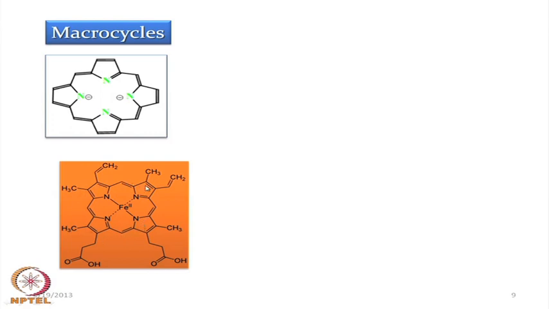Further to the basic skeleton, we can also have these groups attached as substitutions on the pyrrole unit. So, pyrrole units have some regular substitutions like the methyl group and other groups, and some propionic acid groups are also there, and the deprotonation of these propionic acid groups also plays an important role for oxygen transfer, because this particular unit is the basic unit for our blood, which is our myoglobin unit or the hemoglobin unit, where this iron center is responsible for dioxygen coordination.